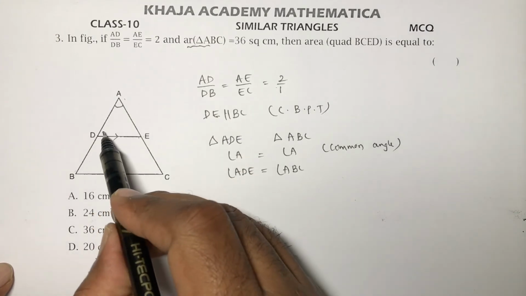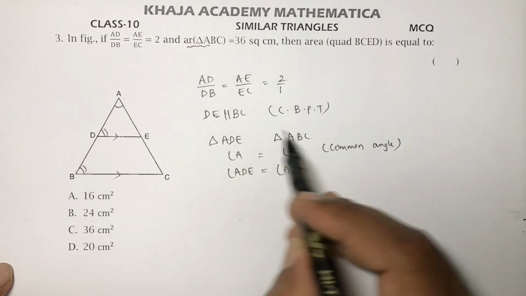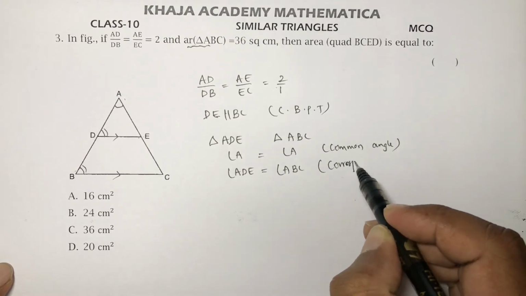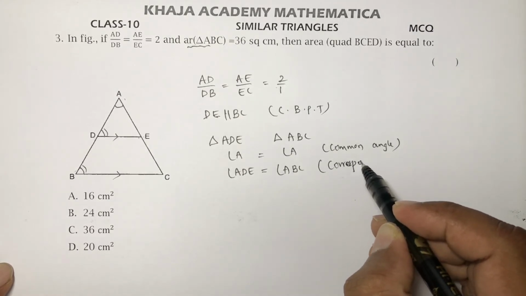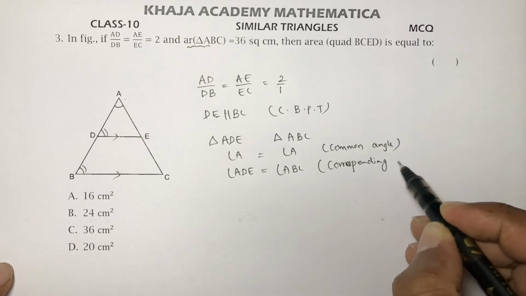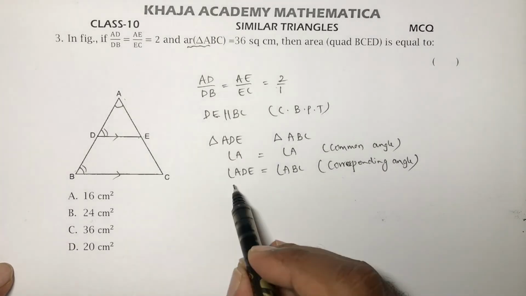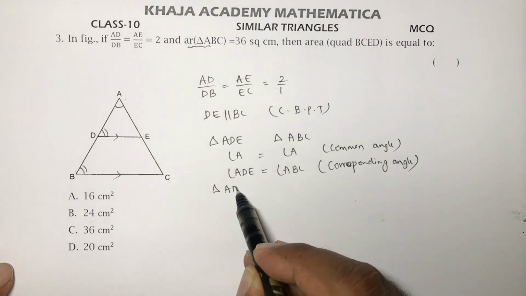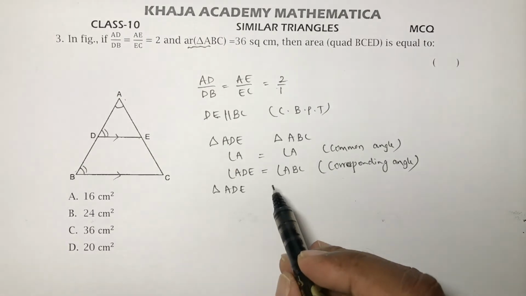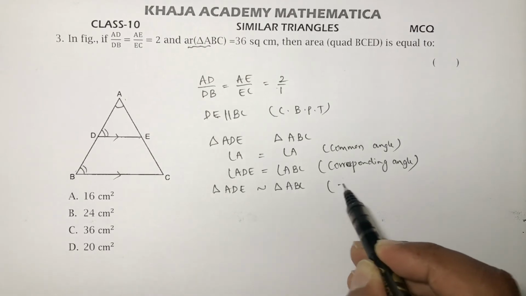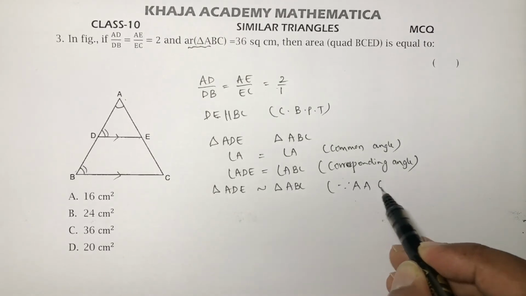So as the two lines are parallel, corresponding angles will be equal. So two triangles are now similar. Triangle ADE is similar to triangle ABC, by AA corollary.